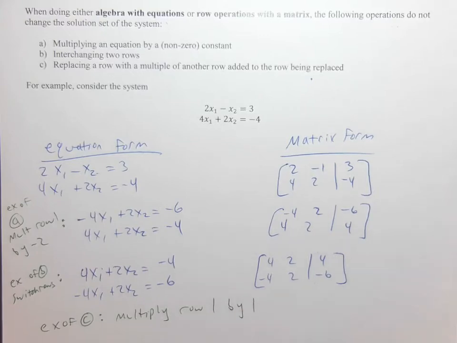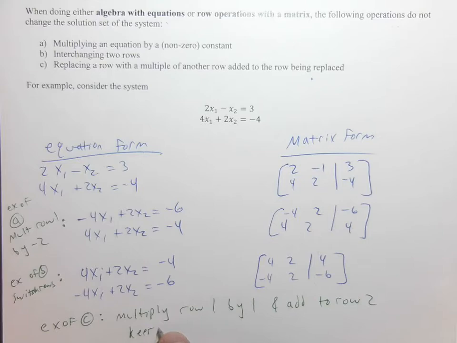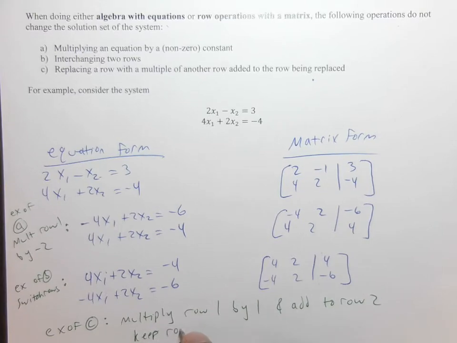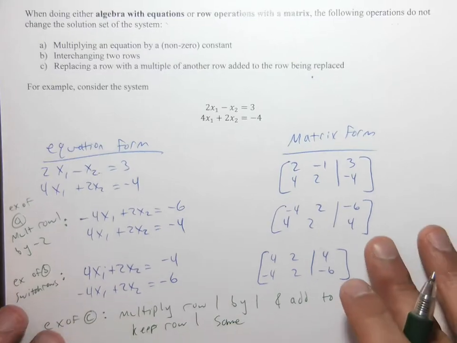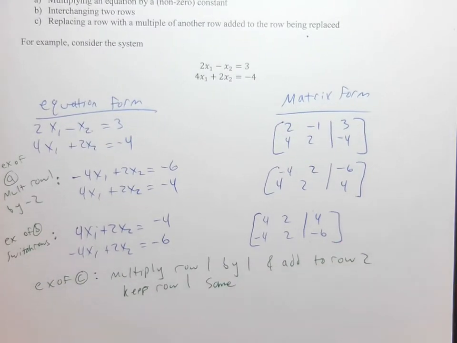In other words, we're not going to change row 1. And then we're going to add it to row 2. And we're going to keep row 1 the same. Right, so I'm just going to add row 1 to row 2 to cancel out the x1.